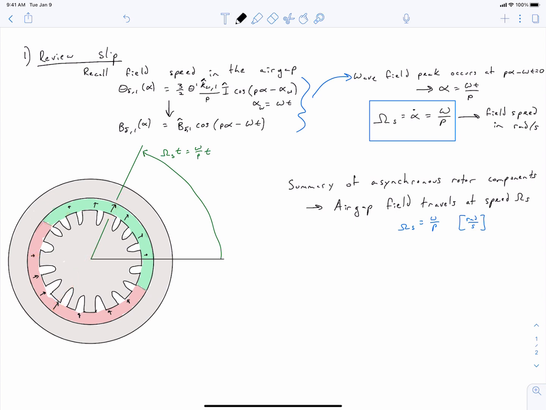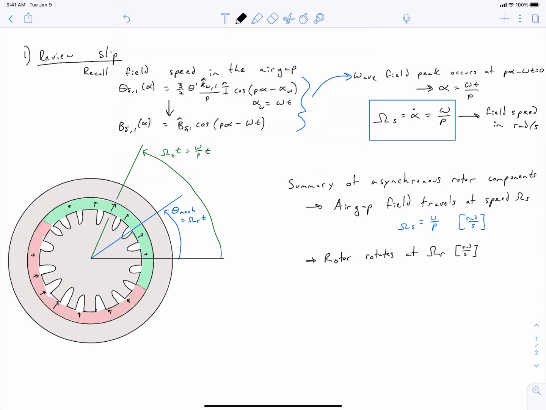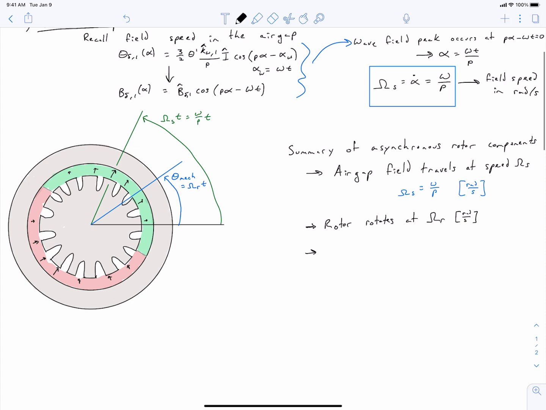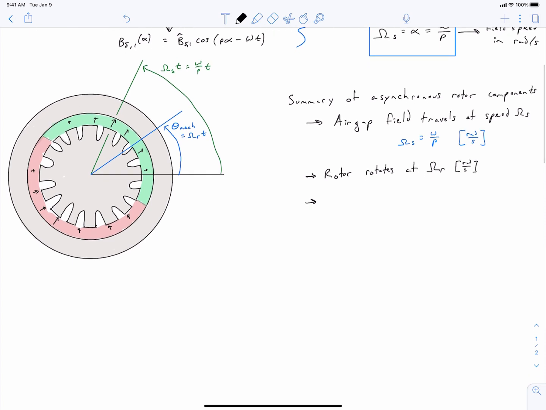And in addition to this, we have our rotor rotating. So the rotor rotates at speed omega r, and as we mentioned earlier, the rotor speed is different than the stator speed. Omega r does not equal omega s. And so we introduce this concept of slip, which is defined as the difference between the rotor and the stator speed.